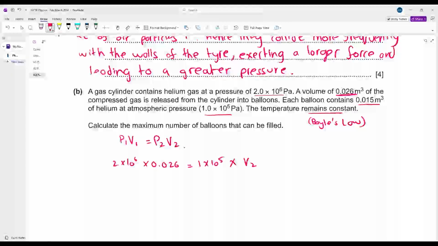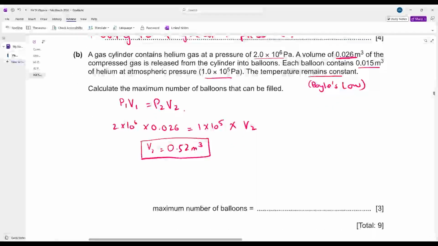What does your final volume come out to be? Okay, so this is the volume of gas that we have. बेटा ये हमारे पास total volume है of gas. This is the total volume of the gas. Now one balloon can be filled in 0.015 meter cube of gas.